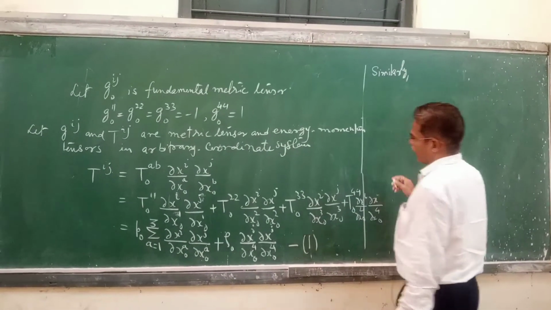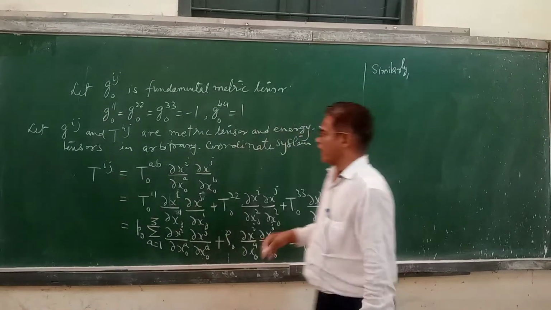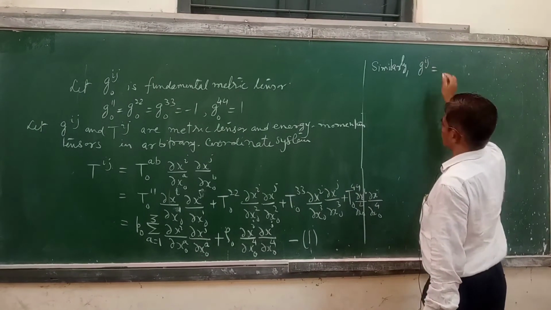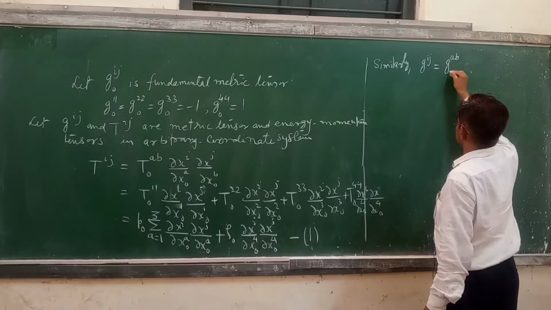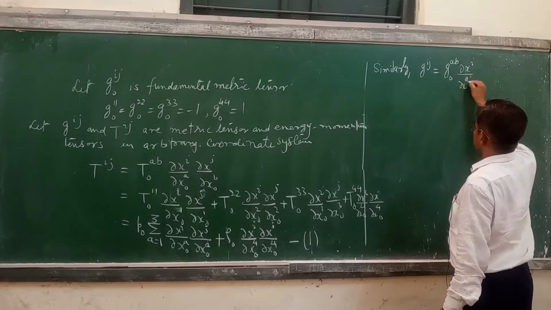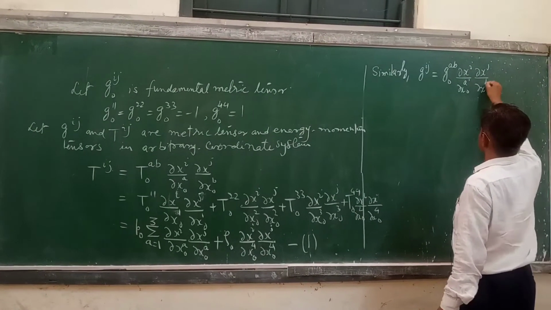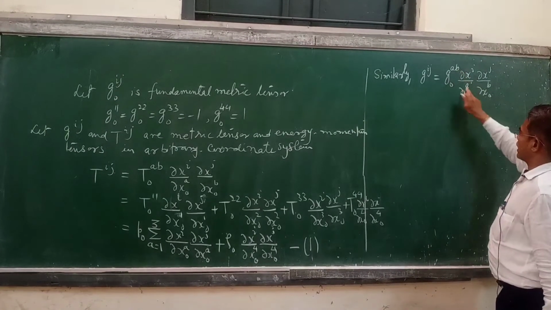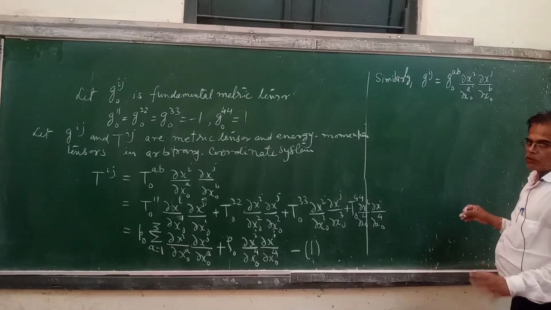For transformation of the fundamental metric tensor, gij is equal to gab 0, del x I upon del x a, del x j upon del x b. Similarly, here a and b both are dummy, so a runs from 1 to 4 and b runs from 1 to 4.